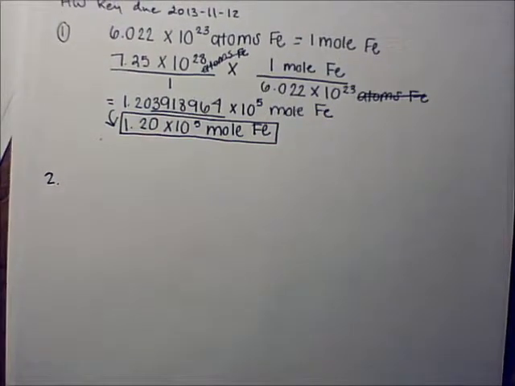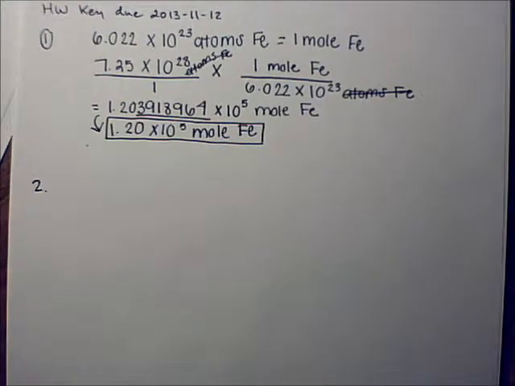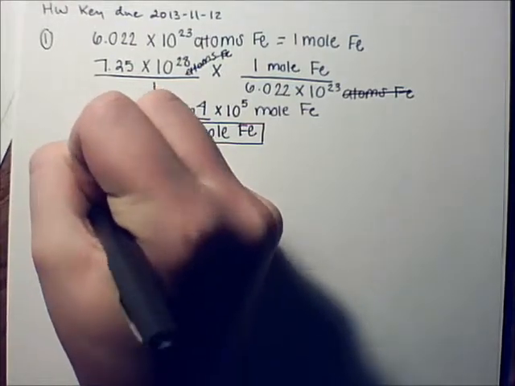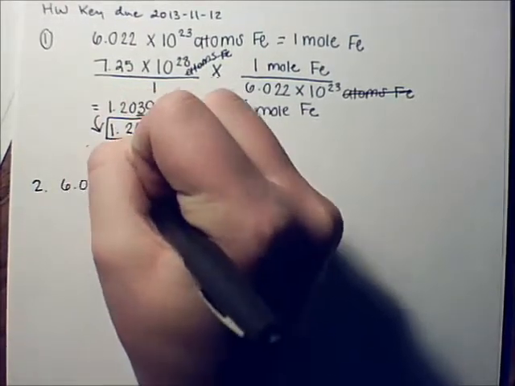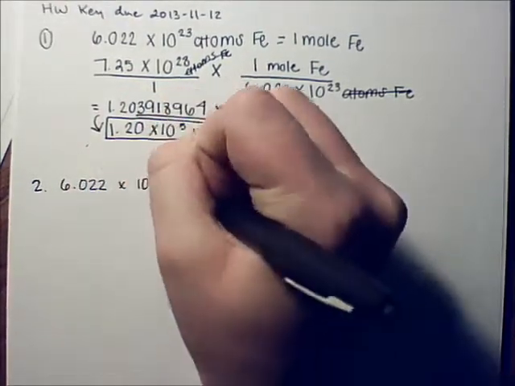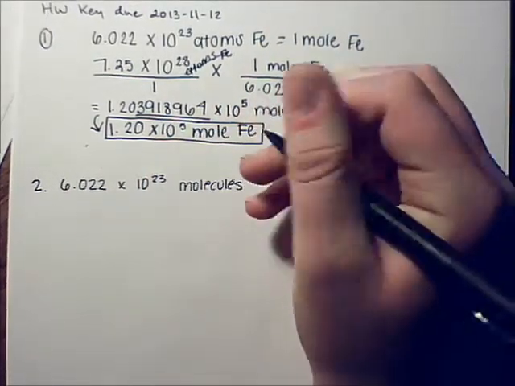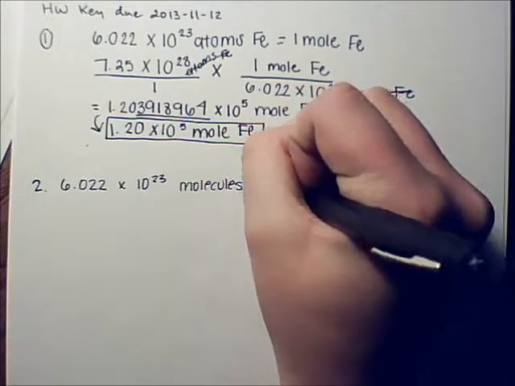Same thing that happened in number 1. Okay. What's the only difference? It's molecules. The molecules are particles. That's in anything. Yep. Put 6.022 times 10 to the 23rd molecules of CO2 equals 1 mole of CO2.